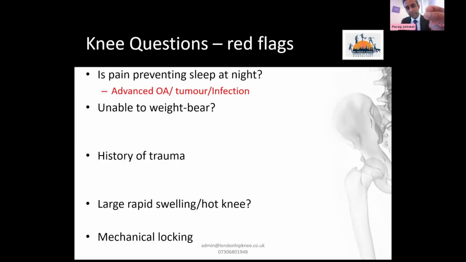Anyway, the reason why I'm saying this is because I fished out 2 loose bodies from a patient's knee today, just before this webinar, and he is a 63-year-old guy who had intermittent locking and persistent pain for about a couple of years, and eventually saw me privately because he was just fed up.